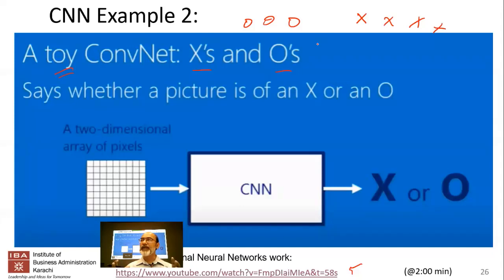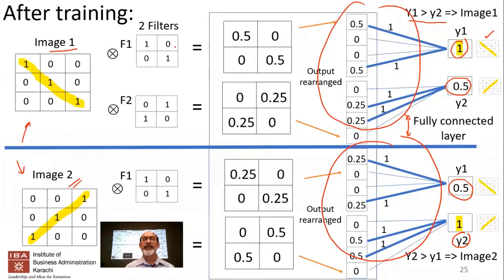But you want to be able to get the main features of what differentiates an X from an O. Now remember that each one of these filters, if you think back over here, was selecting a particular feature in the image, right? This filter was looking at a left-leaning feature. This filter was looking at a right-leaning feature.